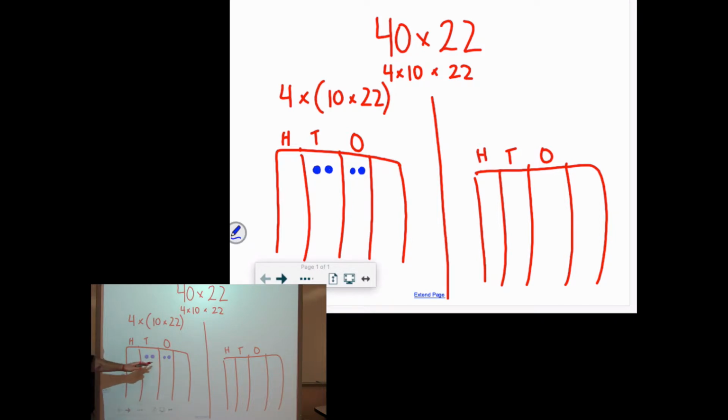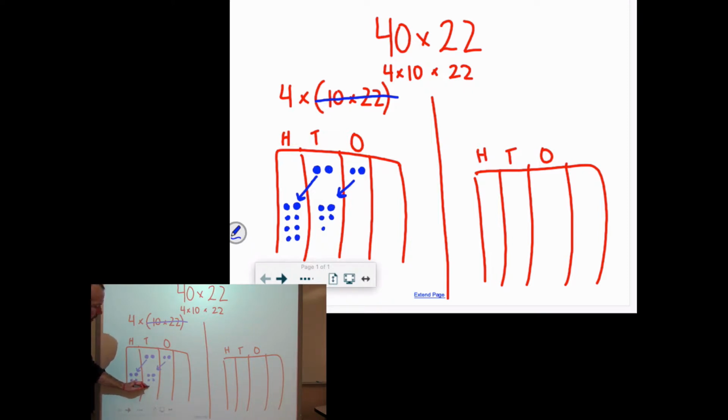So I've represented my number 22 here, and if I want to do 22 times 10, well, these are going to move over here, right? Because each jump on my place value chart is 10 times more. Now that I've done 22 times 10, I just have to multiply that by 4. So times 2, times 3, and times 4.